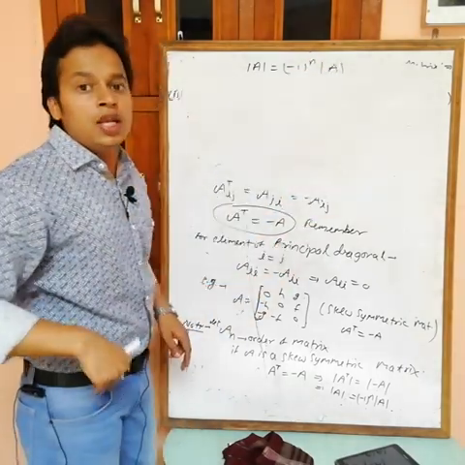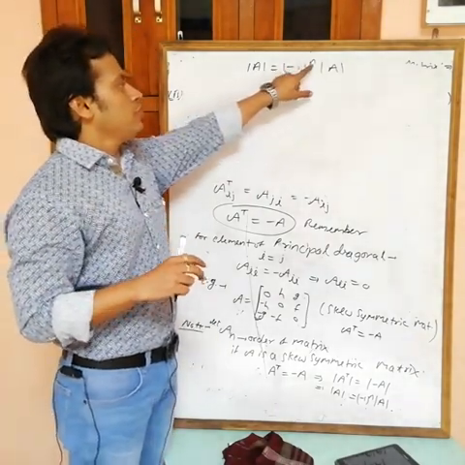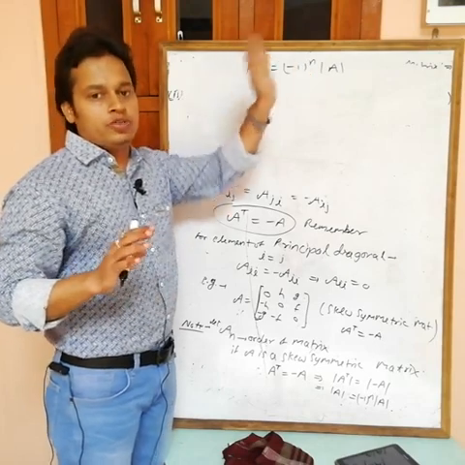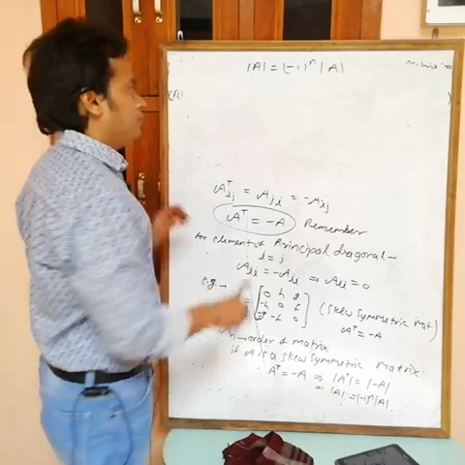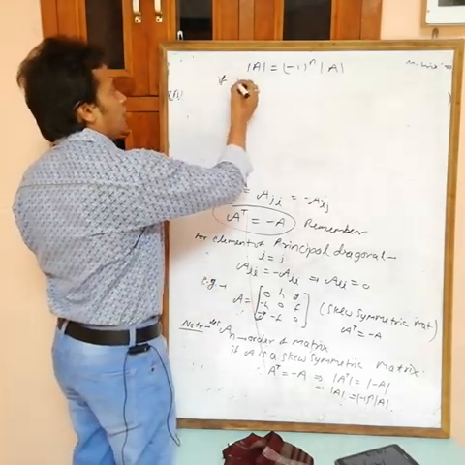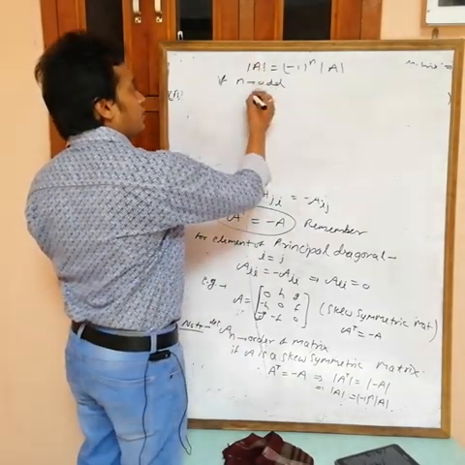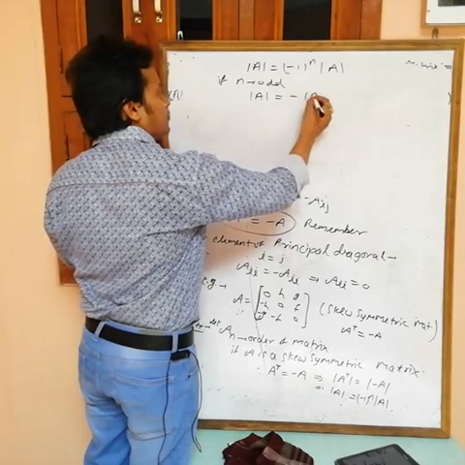Now if n is even, suppose n equals 2, then minus 1 power 2 is plus 1. Determinant A equals determinant A, always true. But if n is odd, then det A equals minus 1 power odd, which is always minus.